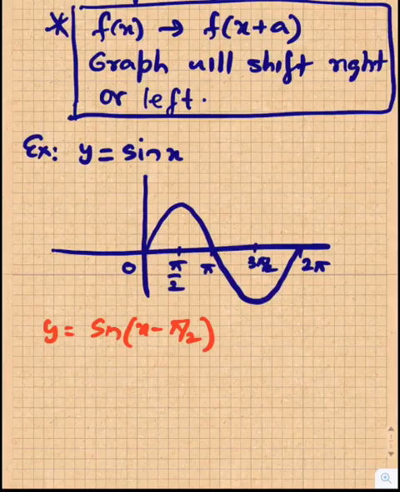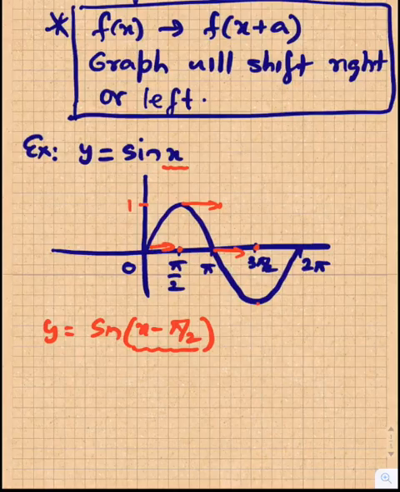In order to draw this graph, if you carefully observe, at x = 0 the y coordinate is 0 for the sin x function. For this function sin(x - π/2), the y coordinate will be 0 at x = π/2. Means this point will shift by π/2 units here. Similarly, this peak point, which is at 1, will again shift by π/2 units on this side, so it will come here. Similarly, this π point will shift by π/2 units on this side and it will come here.